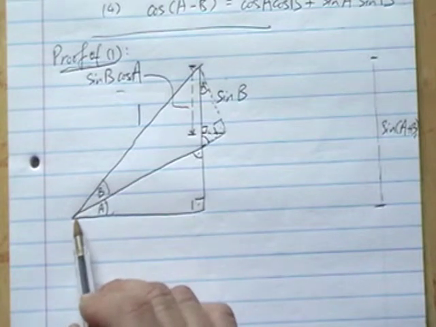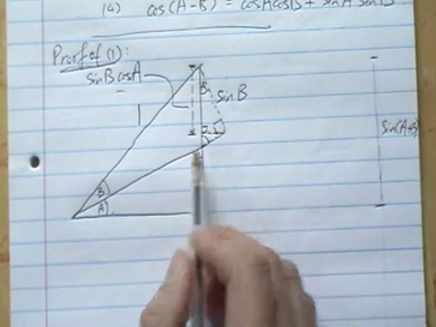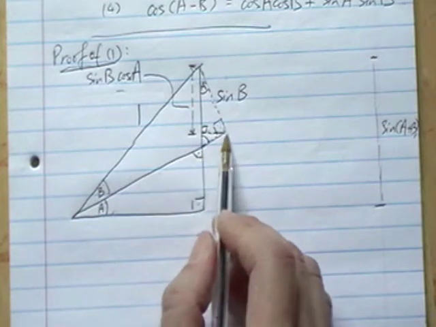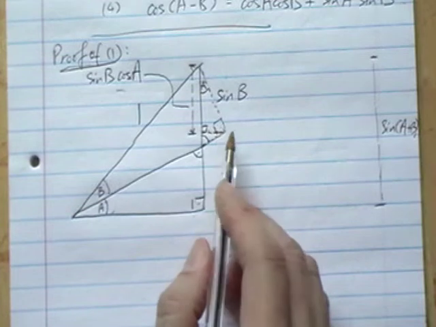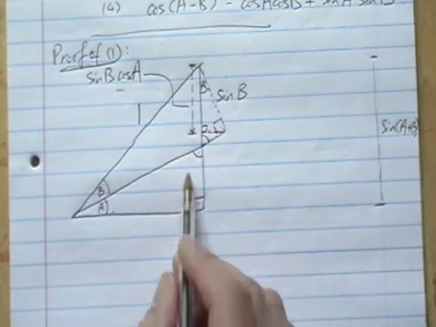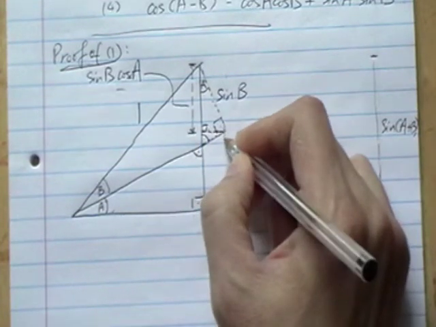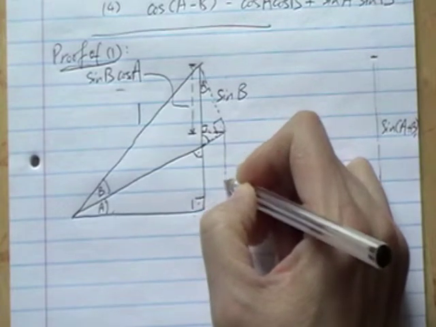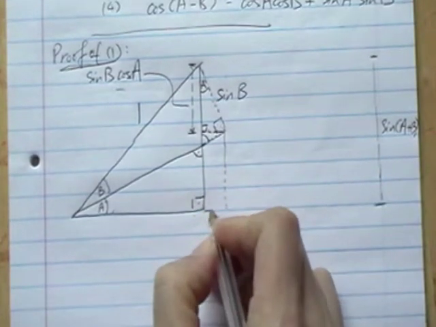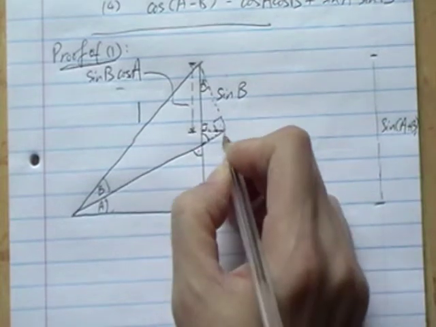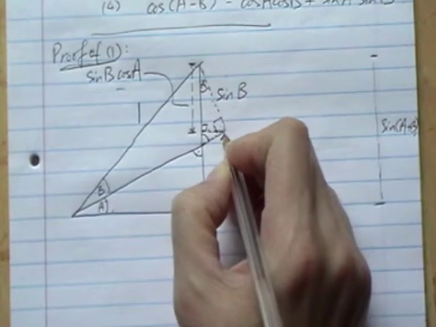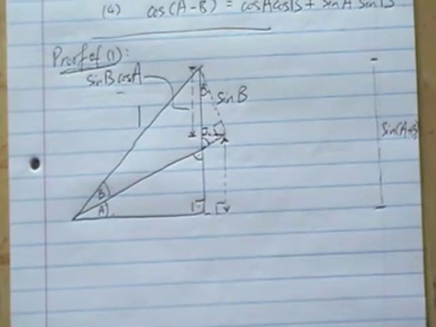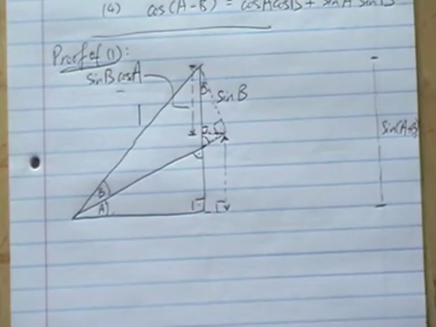How about if I think about this line here? If I think about this line here, then this distance is the same as this distance. Let's try and find this distance.